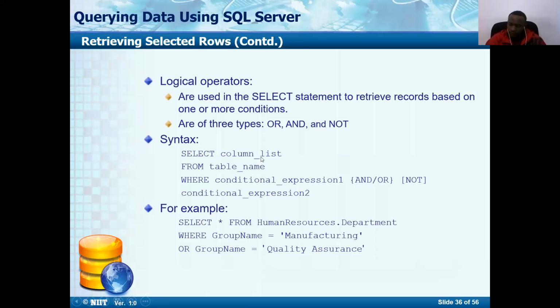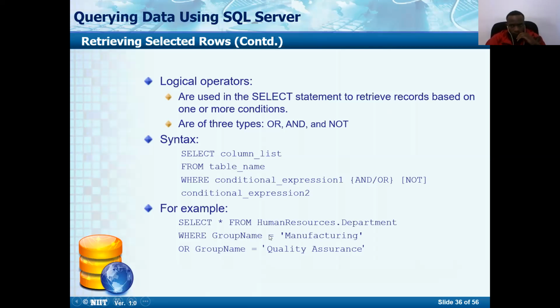Okay. So this is the syntax. You have the where clause where you have a first condition, and then you use and, or, and then you put the second expression.